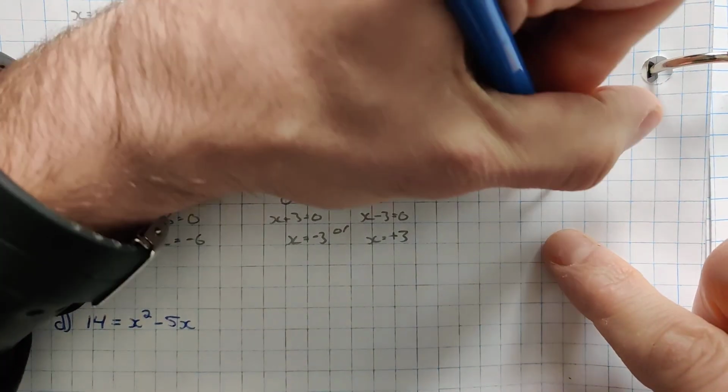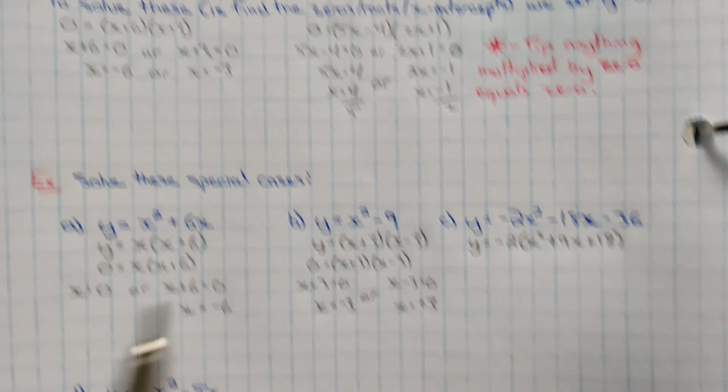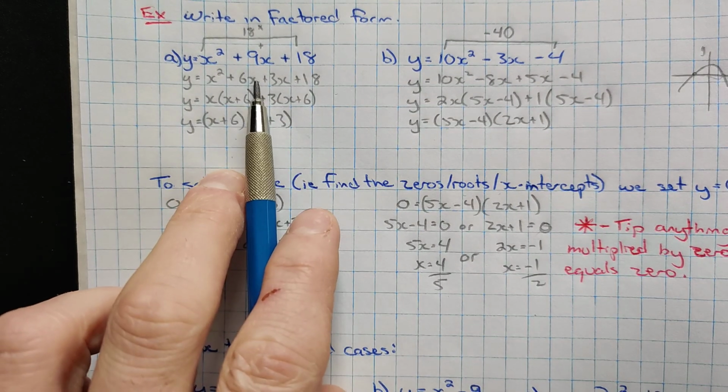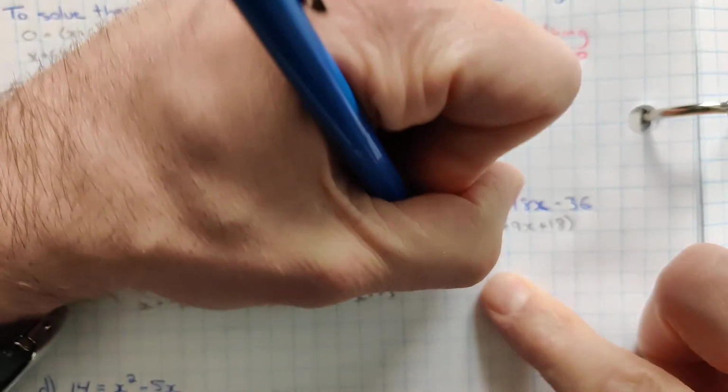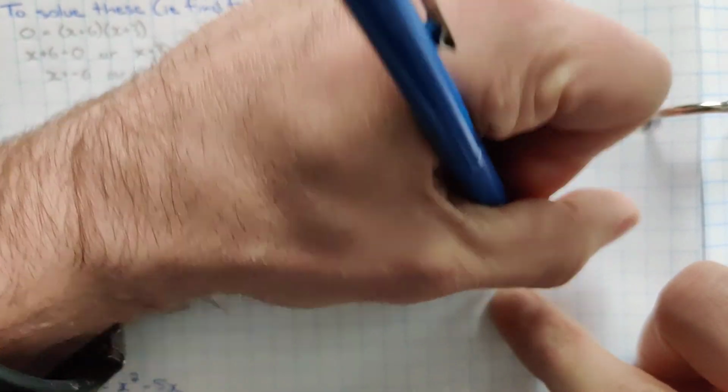Sorry, plus 9x plus 18. And saving us some time, if you go back up to the very first question, way up here, we've already factored that. So we get y equals negative 2, x plus 6, x plus 3.